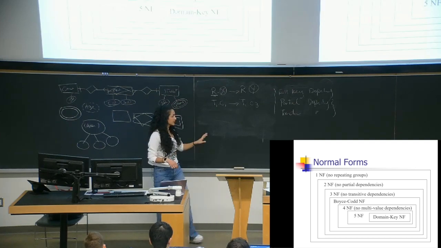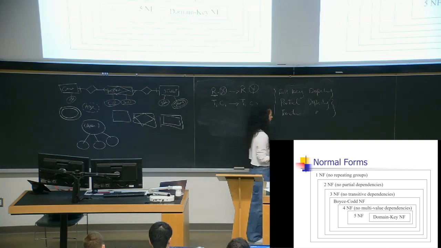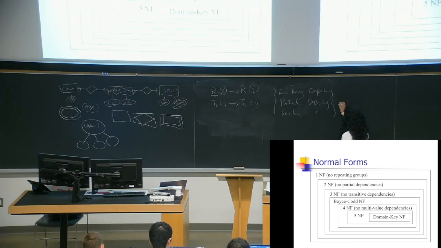So always, if you have a single primary key, you will not have any issues with partial dependency. Why? Because as the name suggests, it's a partial dependency. That means you have a composite primary key. Now your primary key is composite, can consist of 2 columns, 3 columns, or more, right? For example, enrollment has a composite primary key.